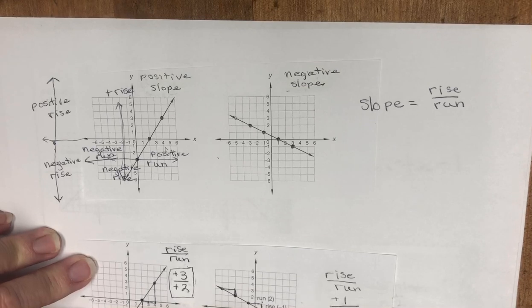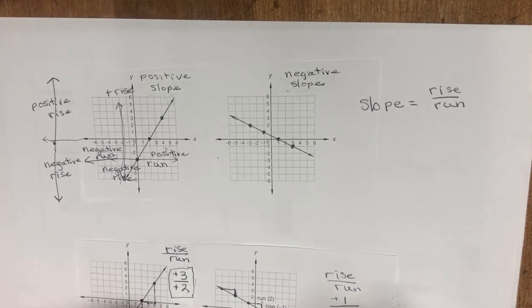I went 1, 2, that's a positive 2. And starting from here, I rise up 1, 2, 3. And that's also a positive 3. Those are the directions that they were going. So positive divided by a positive is going to be a positive. So for this particular one, my slope is going to be 3/2.